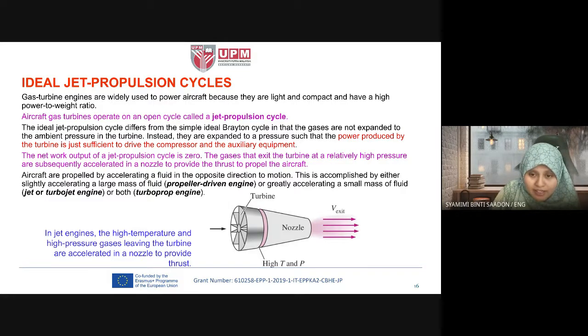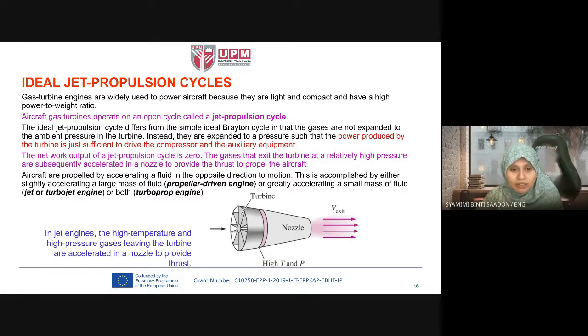The gas that exits the turbine at relatively high pressure is subsequently expanded in a nozzle to provide the thrust to propel the aircraft. So for the jet propulsion cycle, the objective is not the net work output like the power plant just now. The power plant is to produce electric power, so our main focus is the work output.